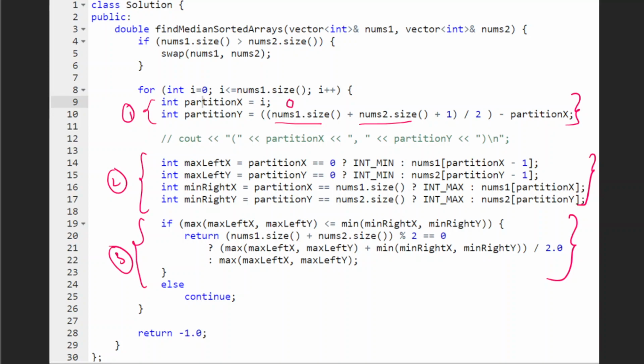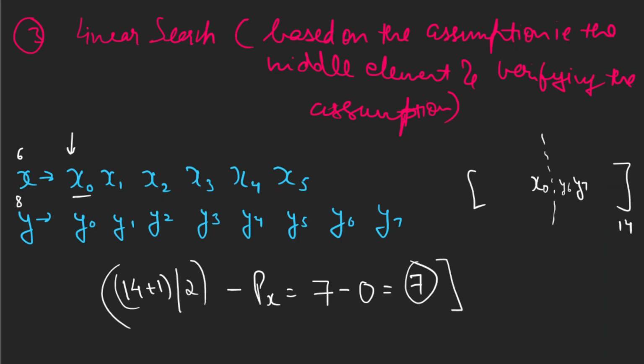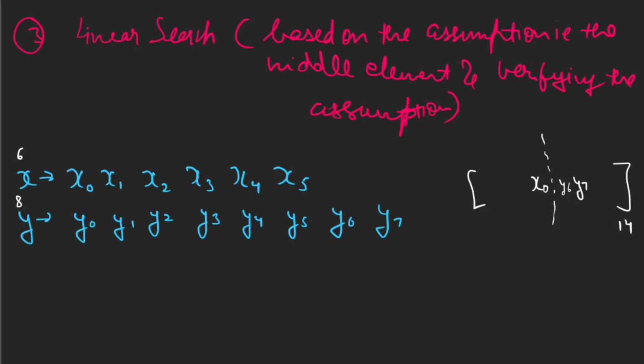Now you can understand why, because if you choose your partition to be, let's say, x0, it's not the right answer. Now you choose your partition to be x1. So the index is 1, and 7 minus 1 is going to be 6, which means that py is now 6.